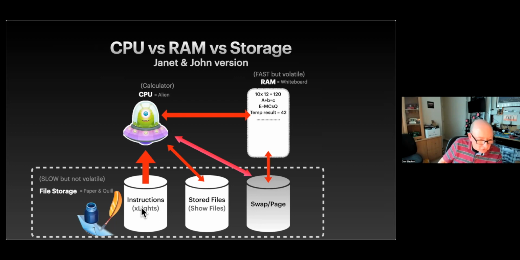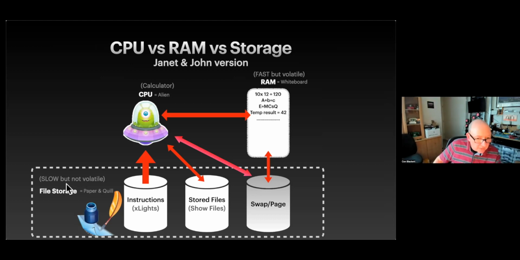So I said the instructions, things like xLights, come into the alien. The alien does all the temporary calculations on the whiteboard, uses swap if necessary, but then stores that information. Things like your FSEQ files and all the rest of it are stored on that file storage.